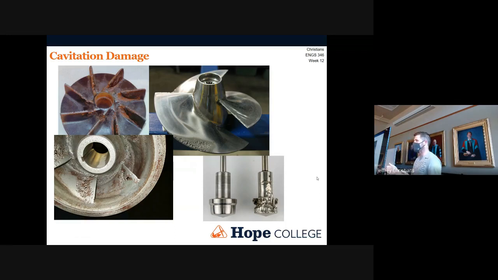Plastic does better, but metal surfaces can just be chewed up by this. So if you have propellers, or a pump that you're routinely experiencing cavitation in, it can end up in very short order looking like this. So it's typically something that we're going to try to avoid in piping systems and plumbing systems. If it's something that you can't avoid, then you have to design knowing that it's going to happen.